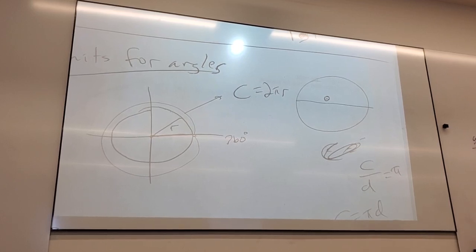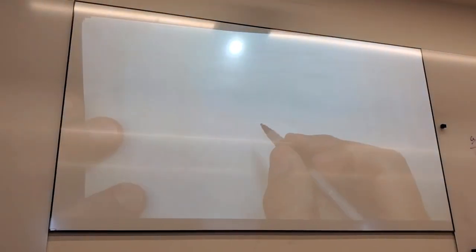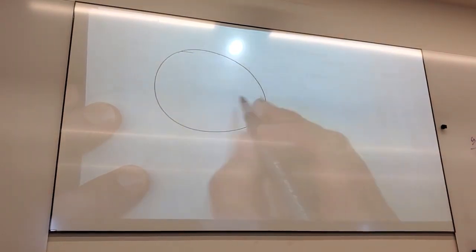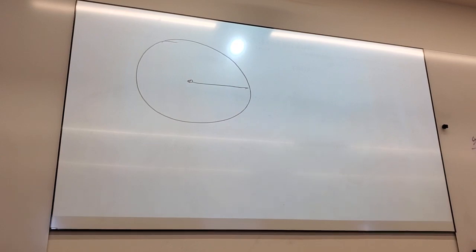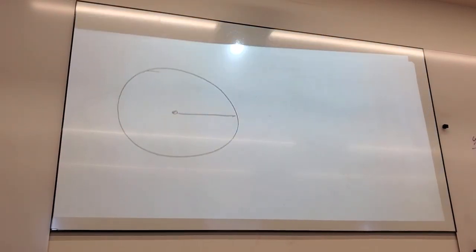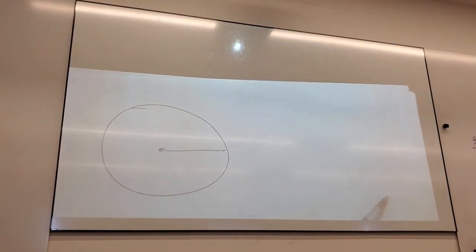So, if I have a circle. Oh shit, what else is down here? Oh, more differential equations. Okay. Here's the radius. Now, I'm going to do something kind of weird. Come down here. All right.